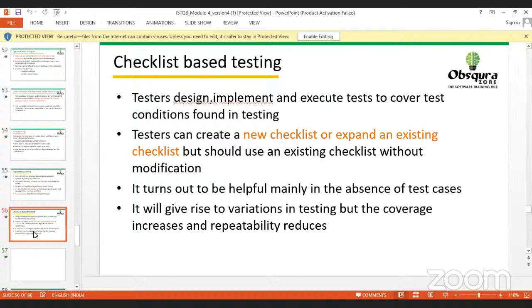If there are a lot of test cases, we may have different repeated steps. In the checklist, the repeatability will be less because we are just verifying these things. So we reduce the repeatability and the coverage also increases.